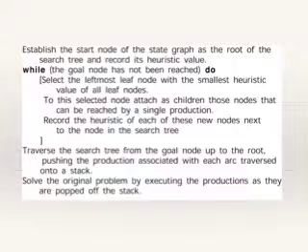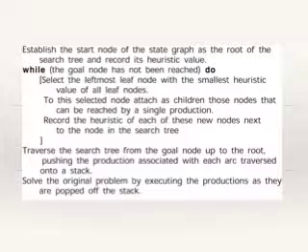While the goal node has not been reached, do: select the leftmost leaf node with the smallest heuristic value of all leaf nodes. To this selected node, attach as children those nodes that can be reached by a single production. Record the heuristics of each of these new nodes next to the node in the search tree.